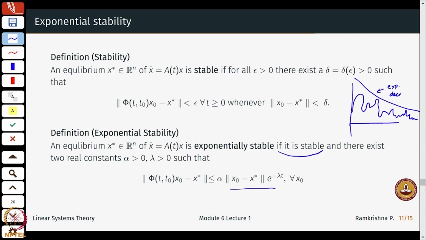So if my solutions are always under an exponential curve, then this is called an exponentially stable system. Mathematically, my solution is bounded by an exponential function. This is exactly what is written here. This will be called the decay rate and so on.